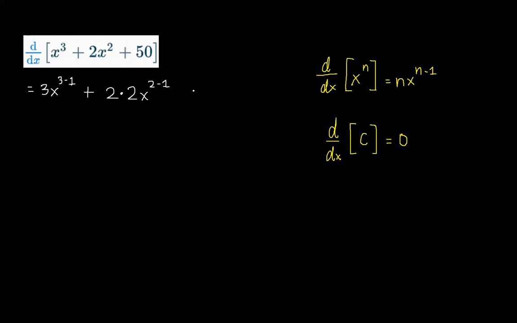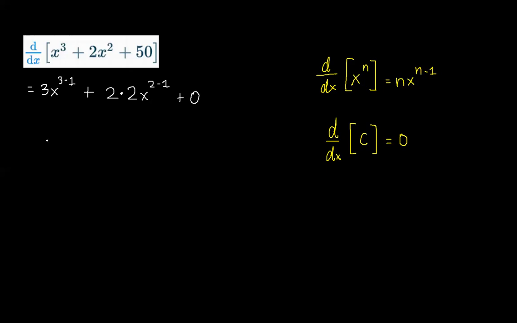That's it. And last but not least, we have a constant term of 50. Since 50 is just a constant term, recall that the derivative of a constant term is equal to 0. Hence, the result would be just 0.